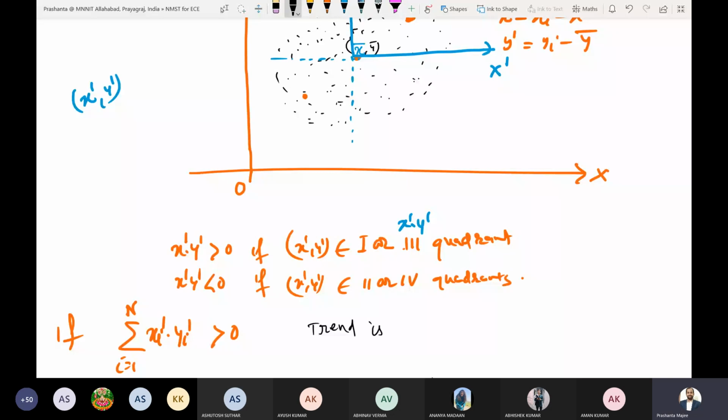Trend is from first quadrant to third quadrant or third quadrant to first quadrant? Yes or no? Similarly, if summation i equals 1 to n of xi dash yi dash is less than 0, then the trend is from which quadrant to which quadrant?